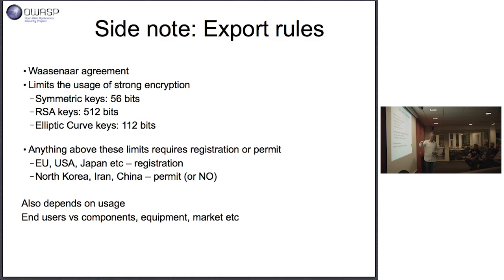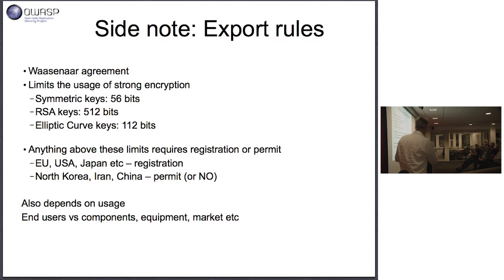And if you're going to send to China, and that's a growing market, so it's not that weird, then you actually need to have a permit. And North Korea is probably going to get a no from them. But it's a difference if it's consumer targeted, or if it's component equipment, like Ericsson Telecom, for example, but they're probably going to have a license for this.